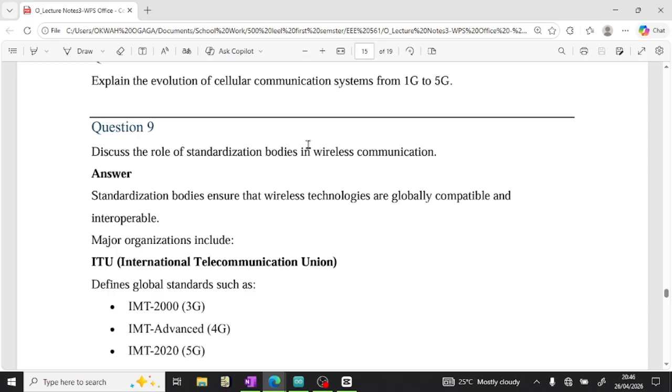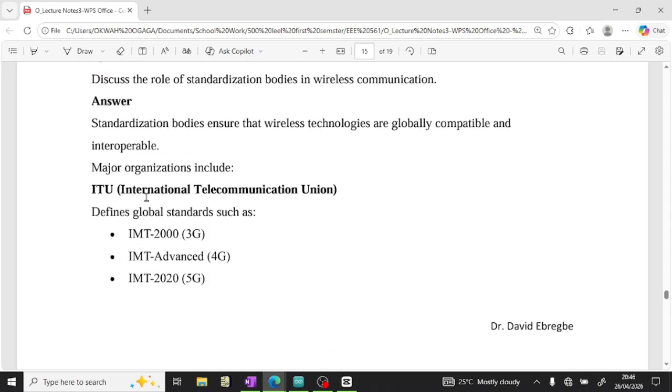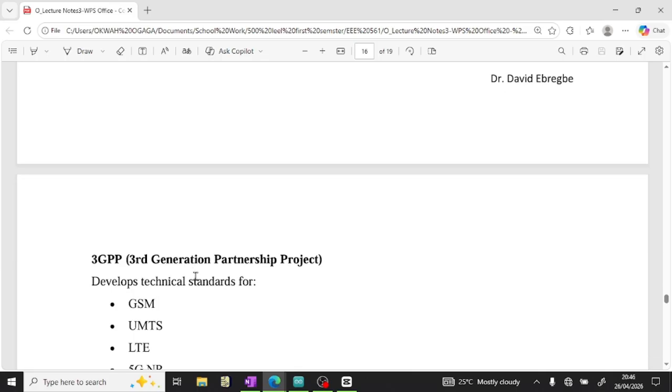So this is the main role of these standardized bodies, and some of these bodies include what? The International Telecommunication Union, ITU. So IMT 2000, that's the one for 3G, and IMT-Advanced, the one for 4G, and IMT-2020, that's the one guiding 5G.